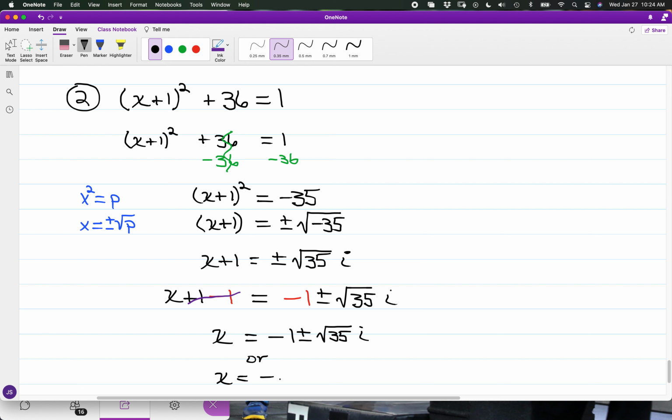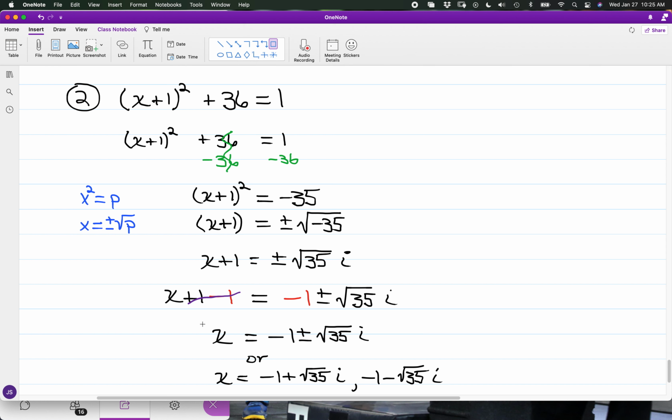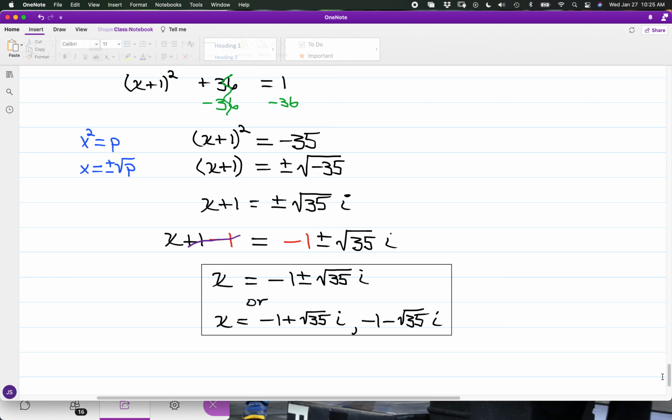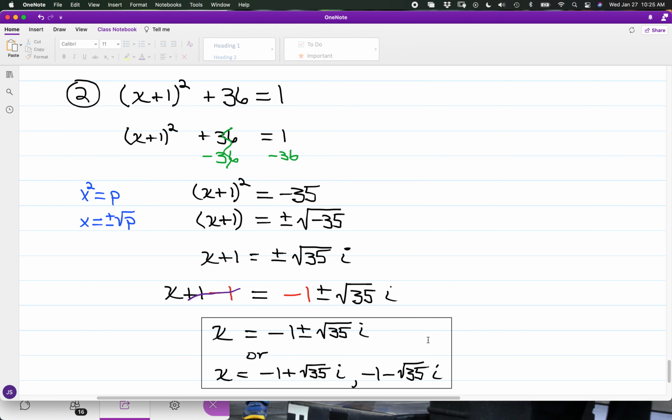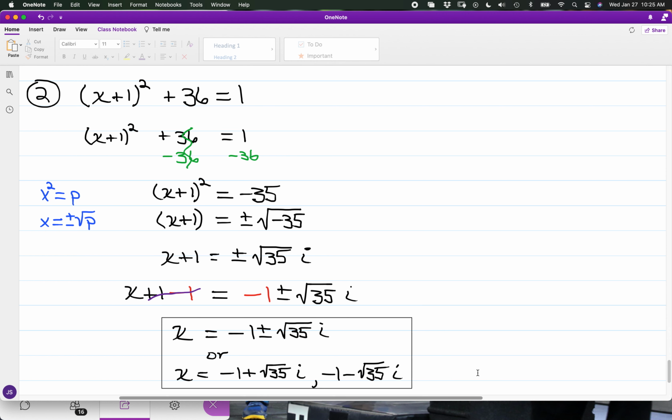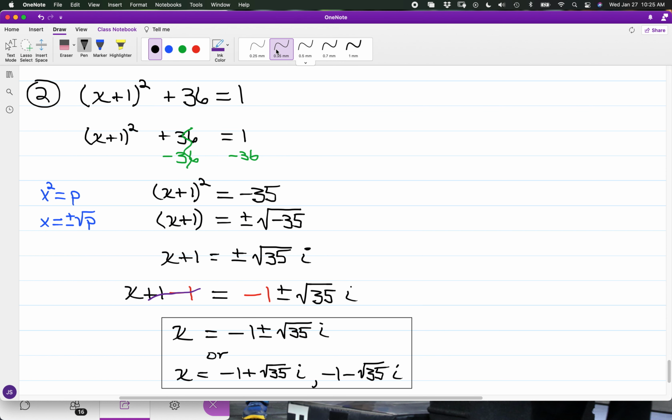Once again, you can itemize the results: negative 1 plus the square root of 35 times i, and negative 1 minus the square root of 35 times i. And just an item here: the square root of 35 was a radical that could not be reduced. Let me give you just one more here.